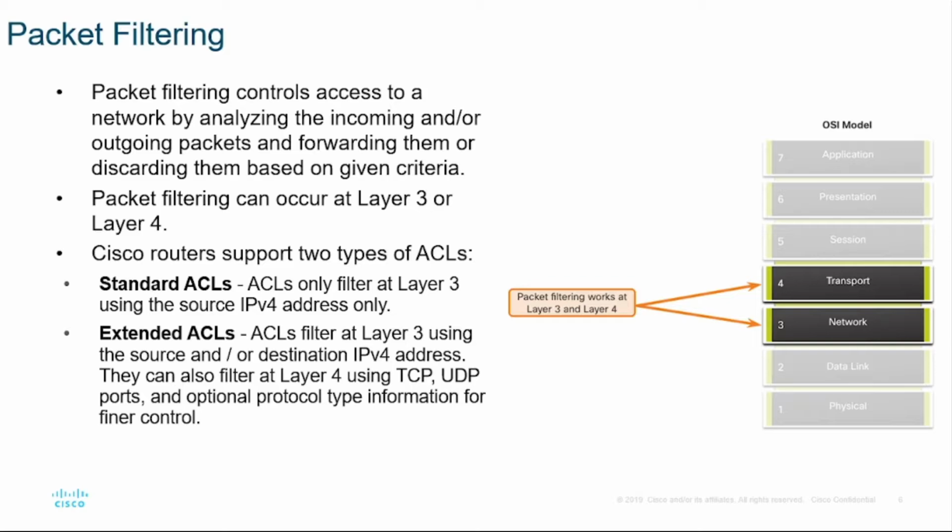Like if you want to permit or deny telnet, which is port number 53. If you want to deny or permit FTP or TFTP protocol, which has a port number of 21 or 22, or SMTP, and other protocols. These are the protocols that you can permit or deny using an extended access control list.